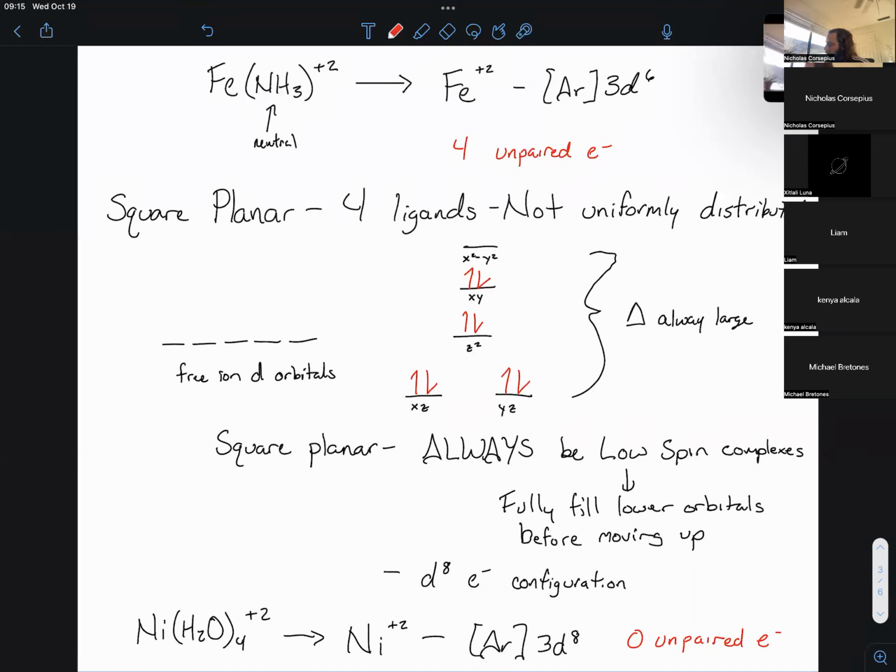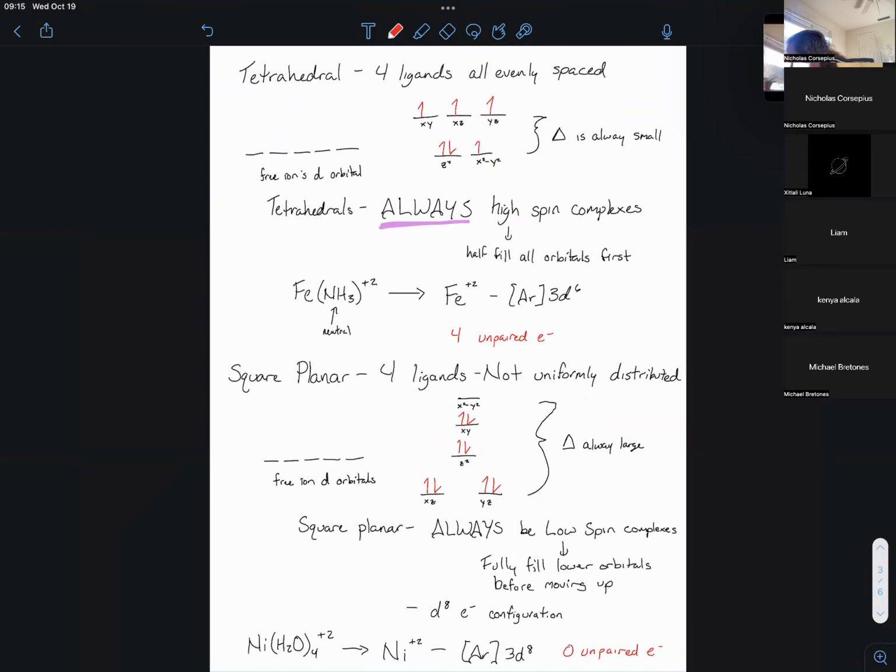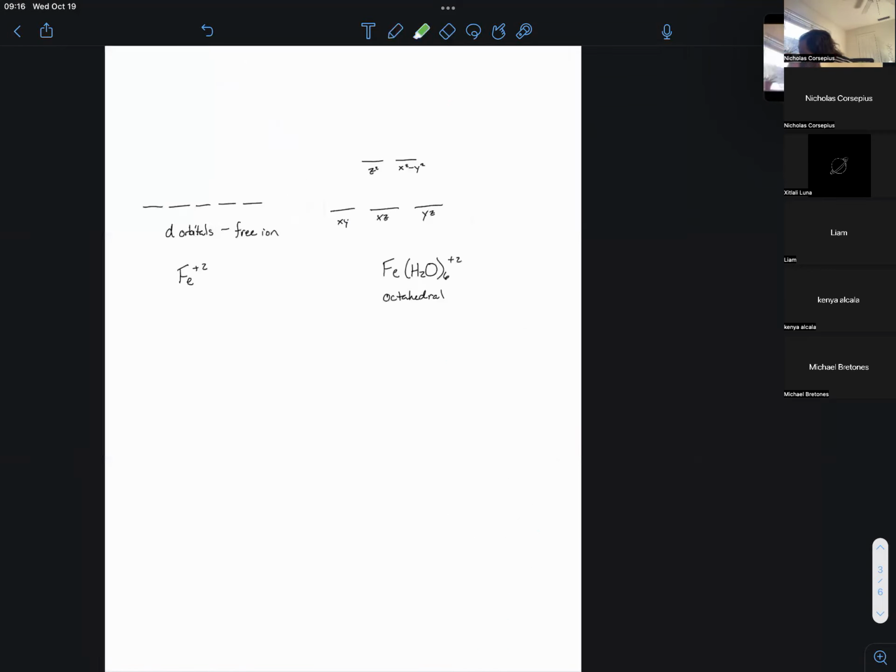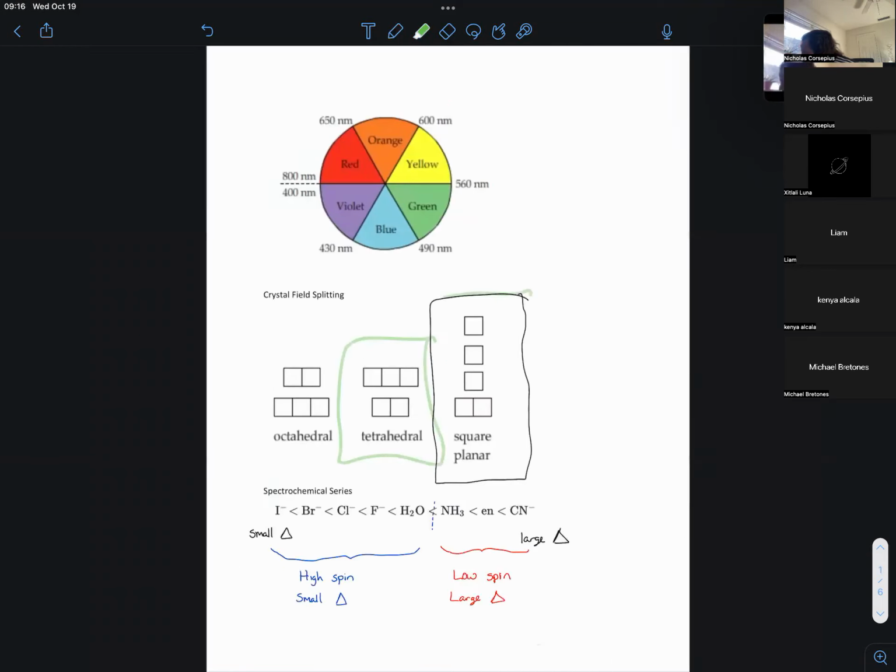All right, so both the square planar and tetrahedral are complexes with 4 ligands. Square planar has a very specific d8 electron configuration. Once you've determined your geometry, you're going to go to your constants page, pick out which one of these splitting diagrams you need, and then fill them in accordingly.